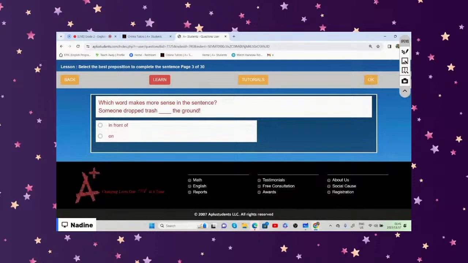Which word makes more sense in the sentence? Someone dropped trash. Do we say in front of the ground or on the ground? So someone dropped trash, and we can say it's on the ground.